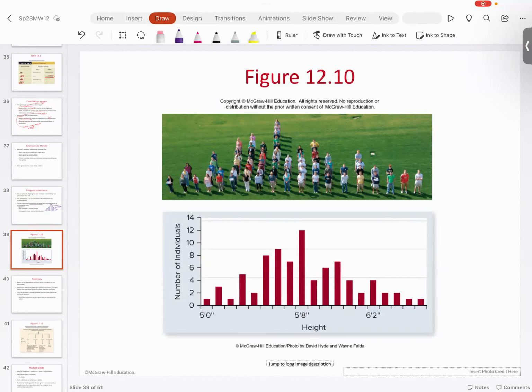If you have everybody line up according to height, you're going to get really, really short people, but not very many. Really, really tall people, but not very many. And most people are going to be somewhere in between. So you're going to get a natural bell curve, a continuous trait.